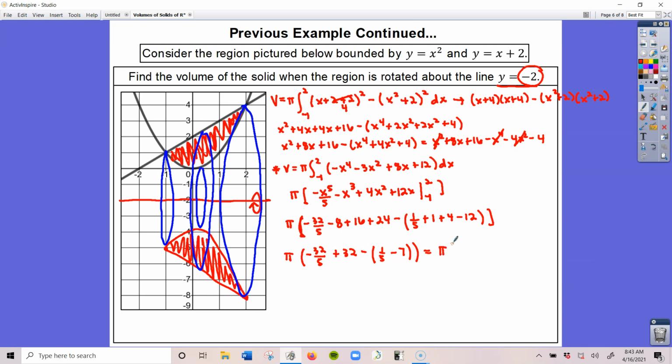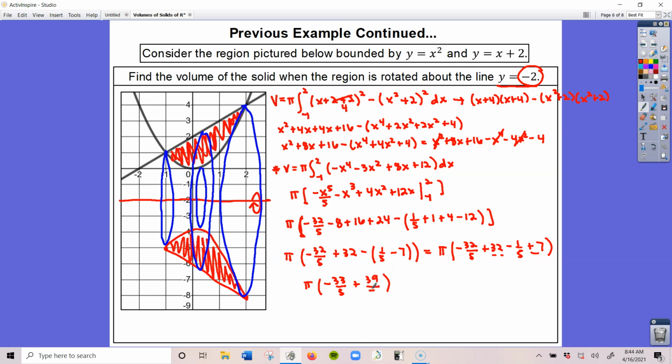So this is going to be pi times negative 32 over 5 plus 32 minus 1 over 5 plus 7. I can combine these and I get pi times negative 32 over 5 minus 1 over 5 is negative 33 over 5. And 32 plus 7 is plus 39.